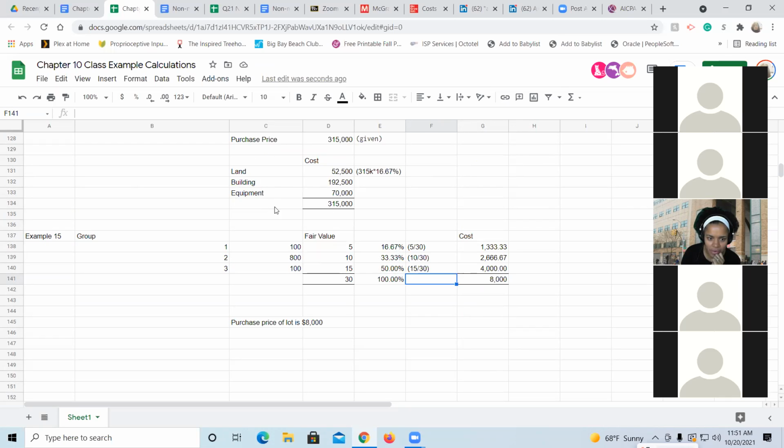The reason we didn't worry about that on this previous example was we only had 3 items, so you didn't have to multiply the price out. When you're talking about relative fair value, you're talking about the fair value of one of that thing, not of 100 or 800 or 1,000, just one. The fair value of one of group 1 in relation to the fair value of one of group 2, group 3 in relation to the total fair value.